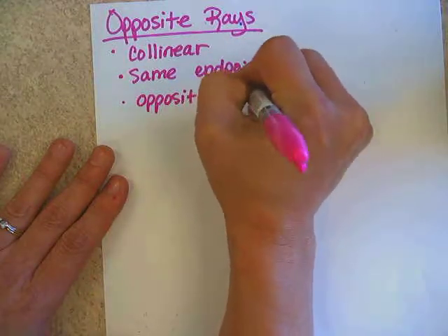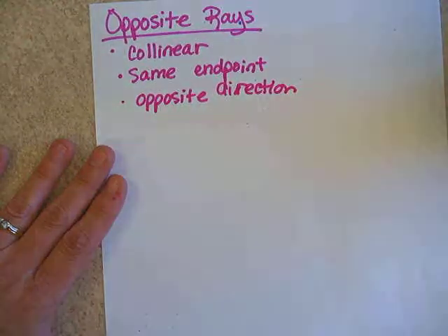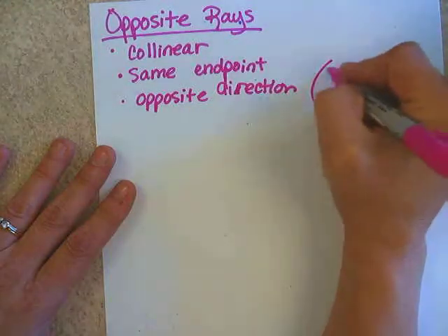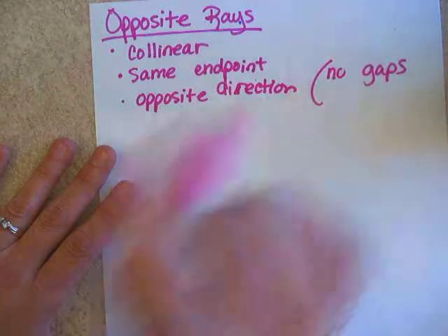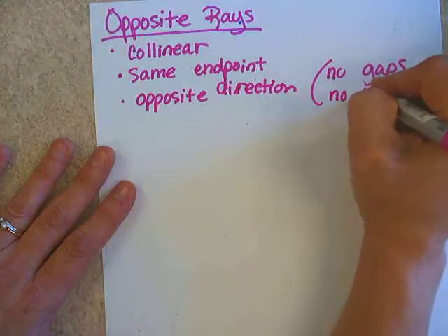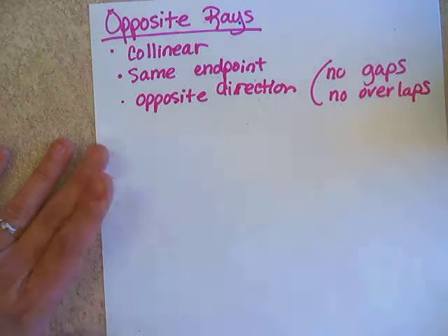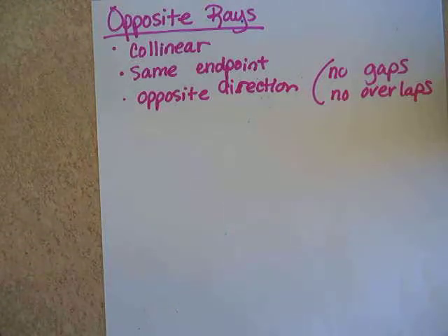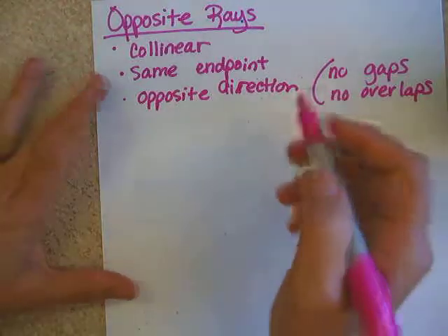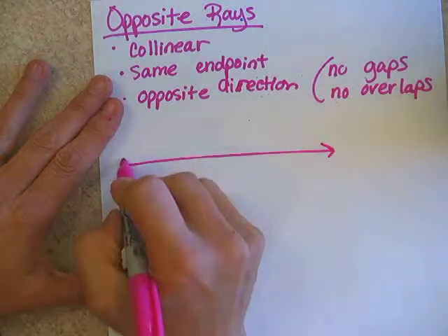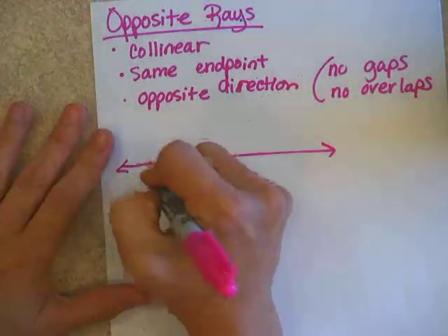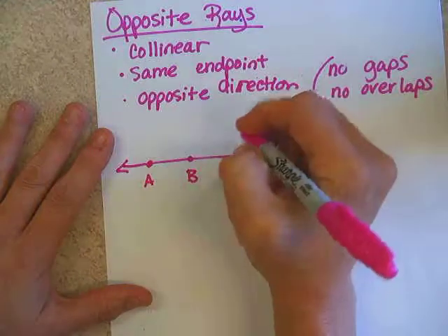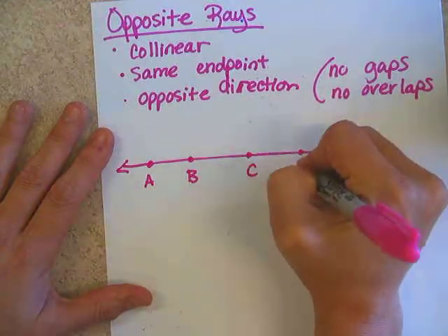So if the first ray starts with B, the second ray had better start with B if they're going to be opposite. And they go in an opposite direction, no gaps, and no overlaps. So if you put two rays together and they form a line without a space in between or an overlap, you've got opposite rays. Okay?